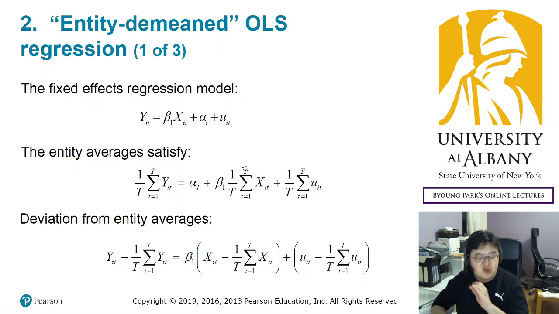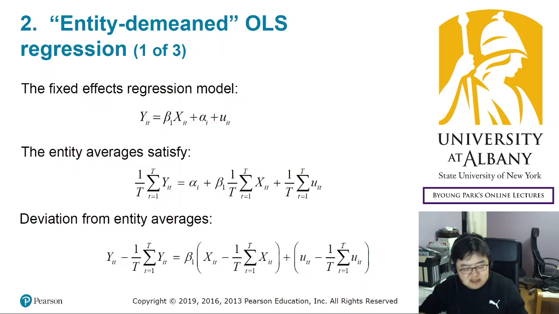Now, when you have 50 states, that's just canceling out 50 parameters. But as I said before, if you have 1 million individuals in your data, then you are reducing the dimension of the parameters by 1 million. So it cancels out a lot of parameters in your model. So it will help the estimation and your interpretation.